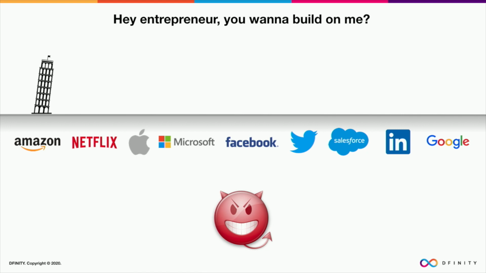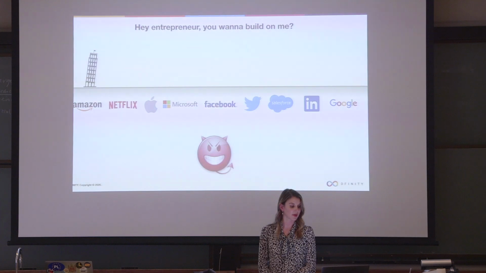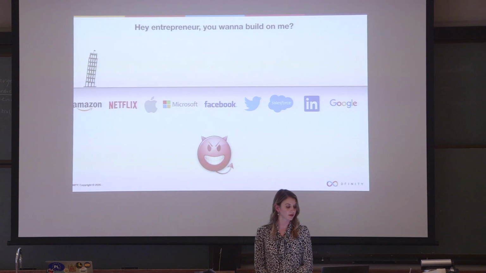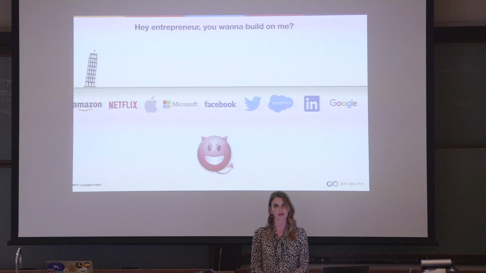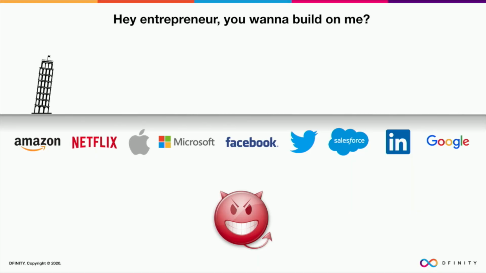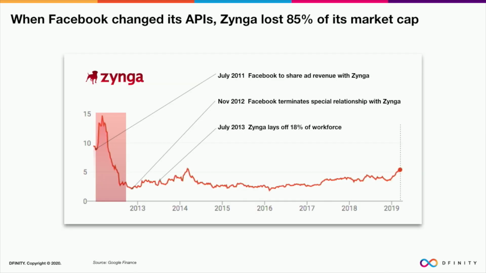And over the last 8 years, many of these companies are starting to cut off access to their APIs. Twitter notoriously did this in 2012. Salesforce did it in 2015. And basically, if you were an entrepreneur leveraging these APIs, you were cut off and your idea died on the spot.